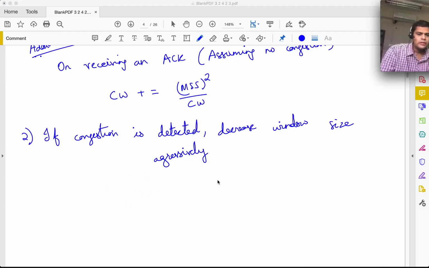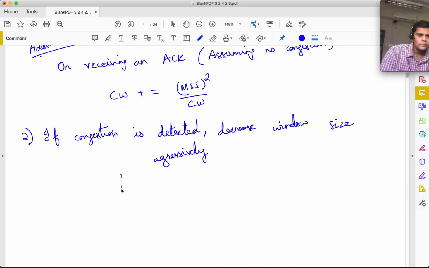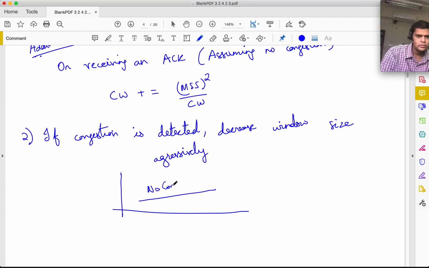So what have we looked at till now? We are saying that if there is no congestion, this is the window, this is the time, we increase slowly, in this additive increase manner.